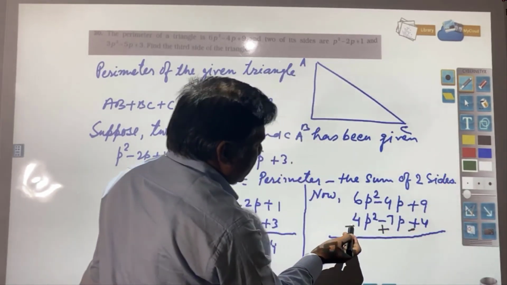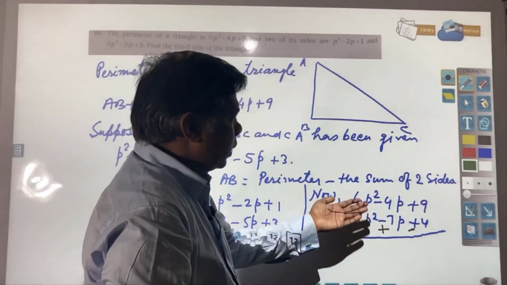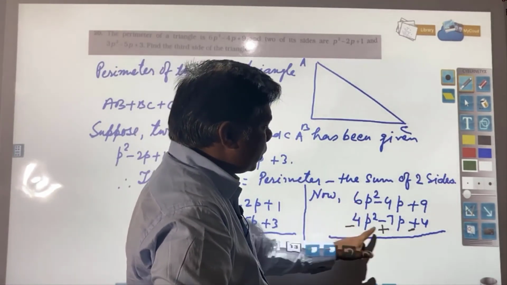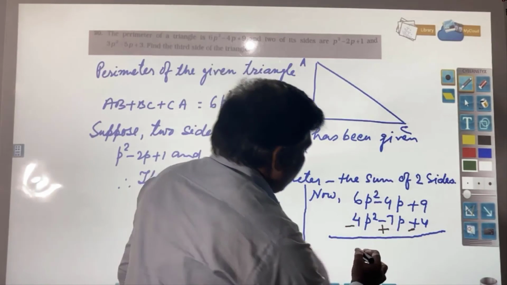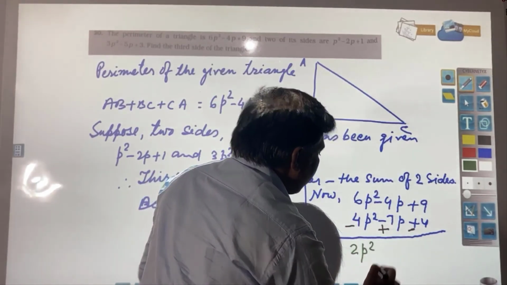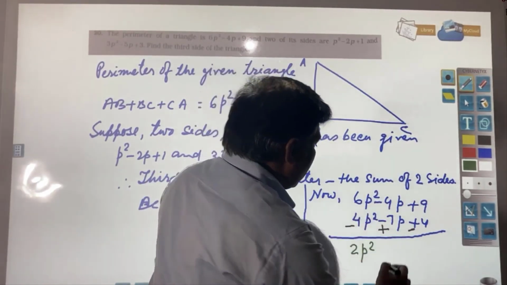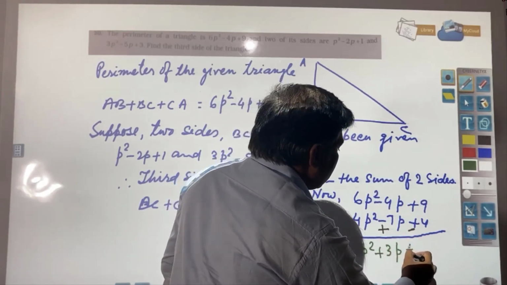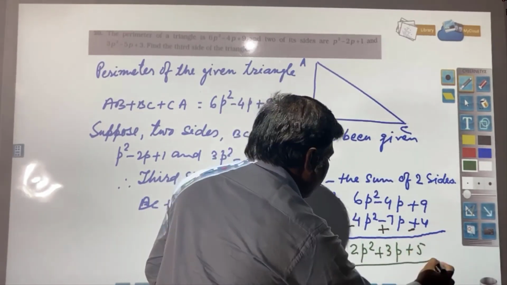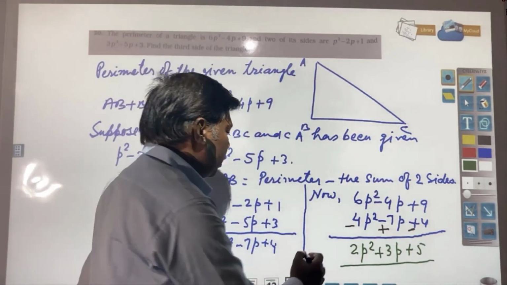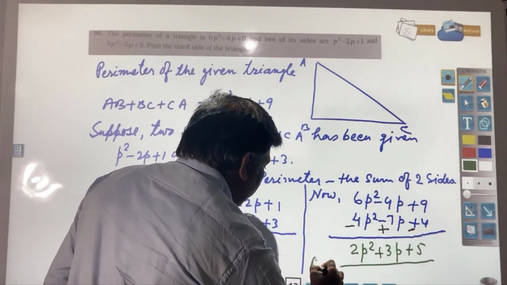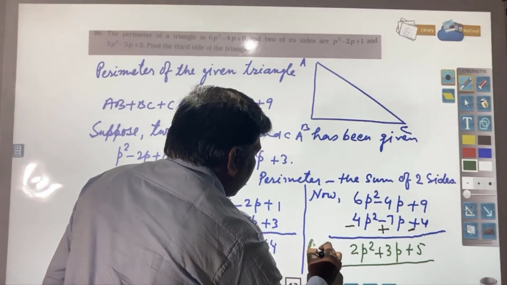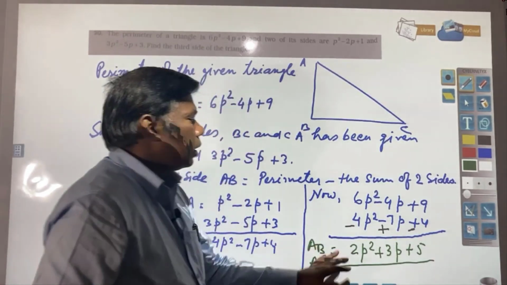You subtract this, or just add this because the signs have been changed. So this will be 2p square, plus 3p and plus 5. And this will be your required side. You can write AB is equal to this much. This will be your answer.